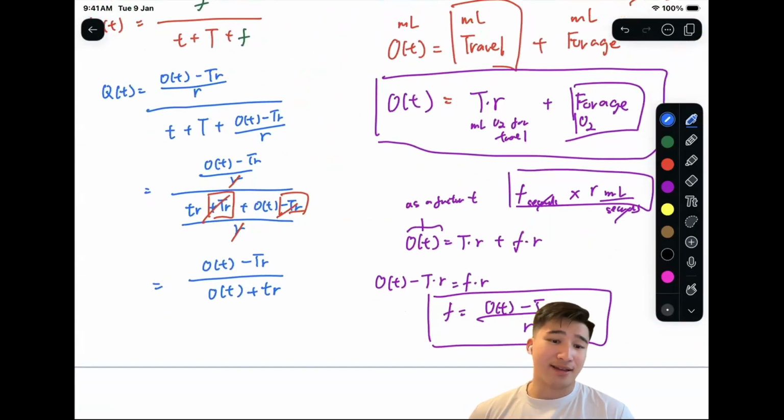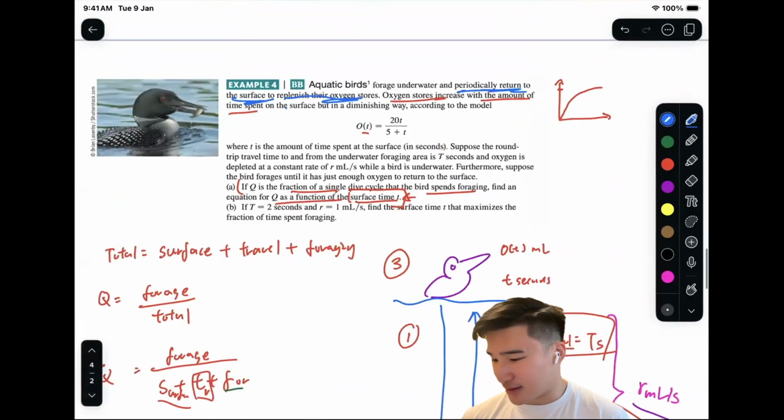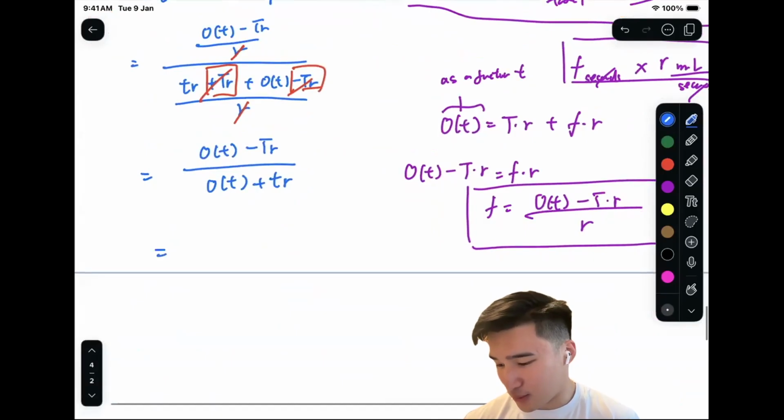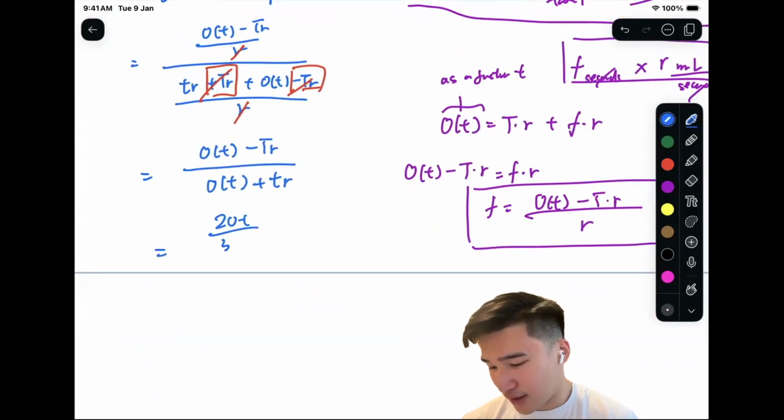And now what is OT? OT was given, so it's 20T over 5 plus T. Okay, so we have 20T over 5 plus T minus TR, and then again 20T over 5 plus T plus TR.